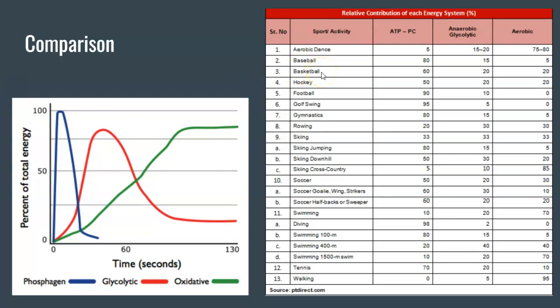If you're a basketball player, your body uses mostly the ATP-PC system, or the phosphocreatine system. You also use glycolysis and the aerobic system, but most of your quick movements, your sprinting on the court, your jumps, whatever, you're going to be using this energy system.